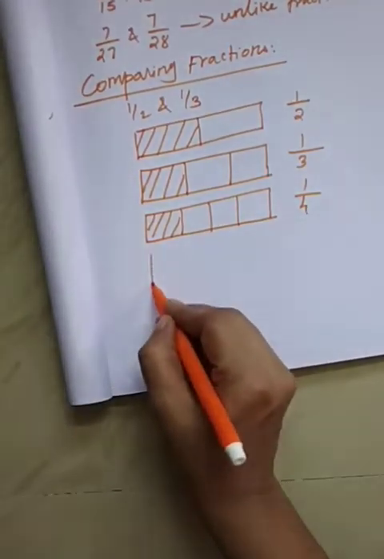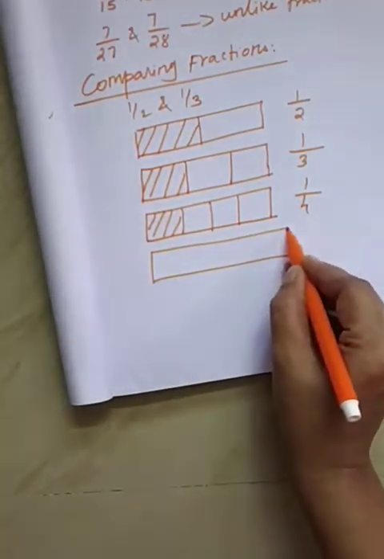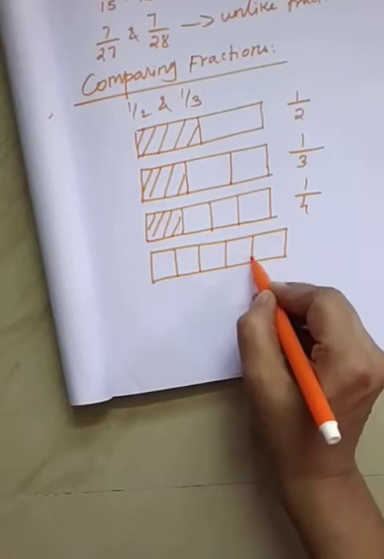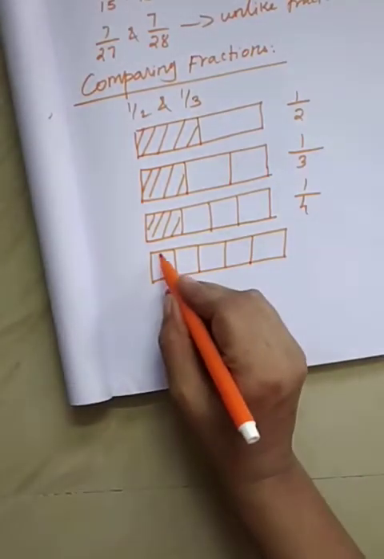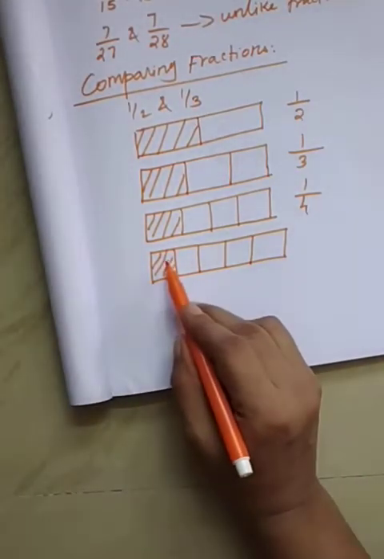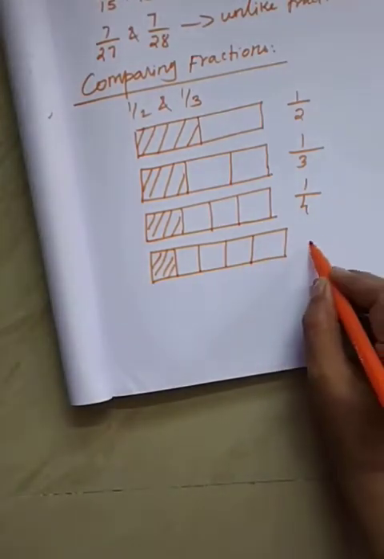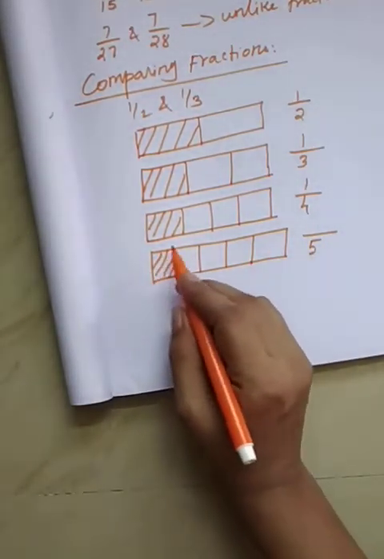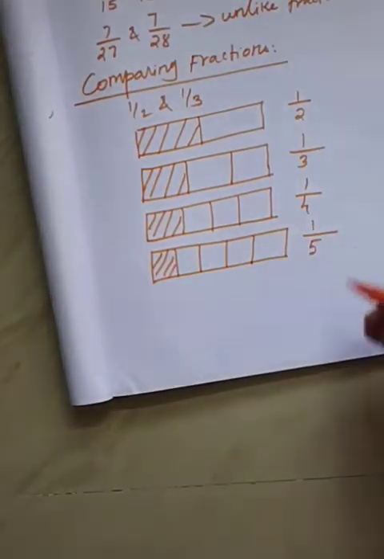Okay. Now see here: 1, 2, 3, 4, 5. The one part I have to shade. Total parts 5, shaded parts 1. So this is called 1 by 5.